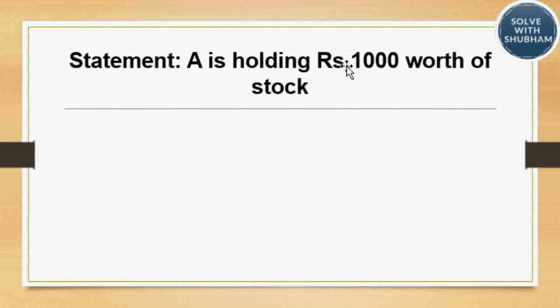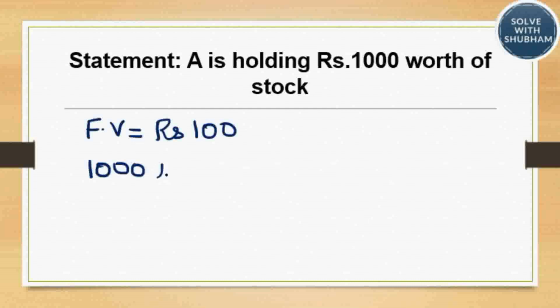Now, if you come across this statement, A is holding rupees 1000 worth of stock. So what does this mean? This means that your face value per share is rupees 100 and you are having 1000 worth of share.